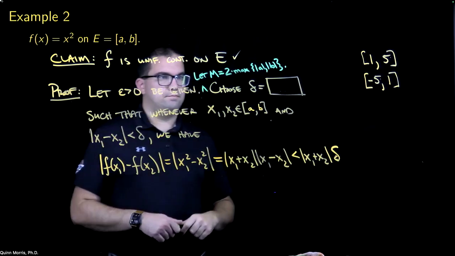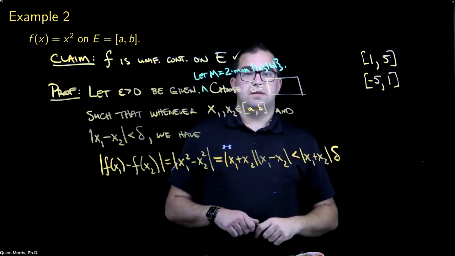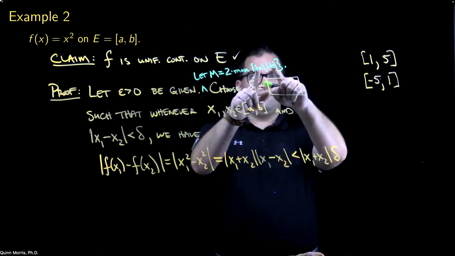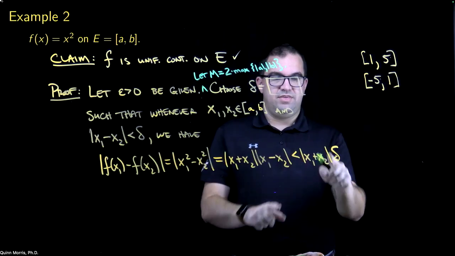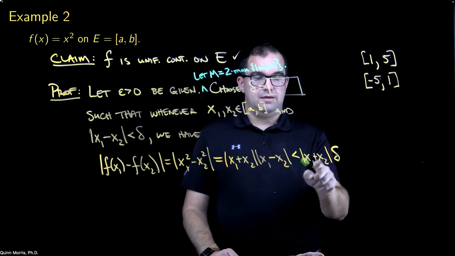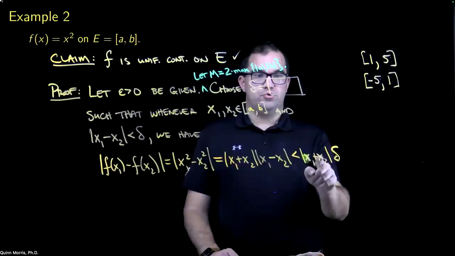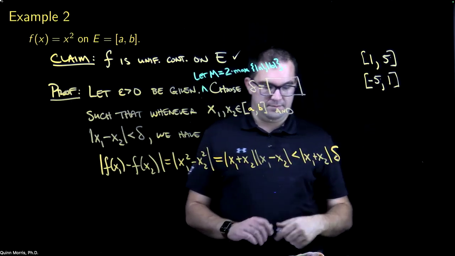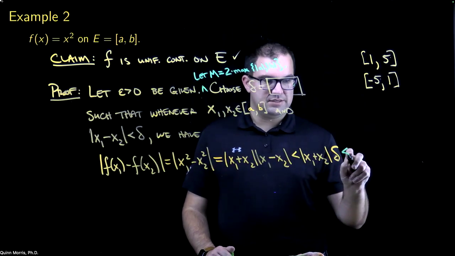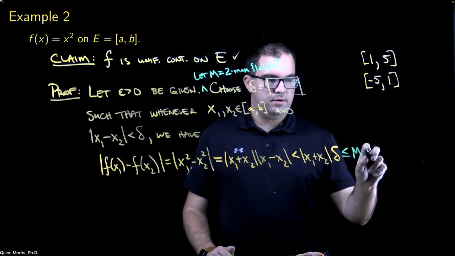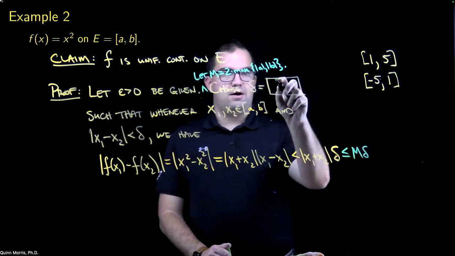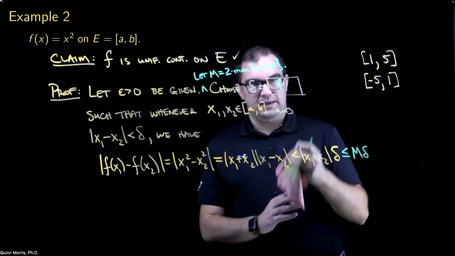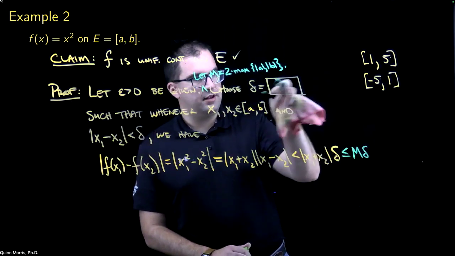Now, whichever of these is bigger, this will be less than or equal to 2 times whichever of these is bigger. So this will certainly be less than or equal to M. So now I can say this is less than or equal to M delta. And now I'm going to choose delta to be epsilon over M.